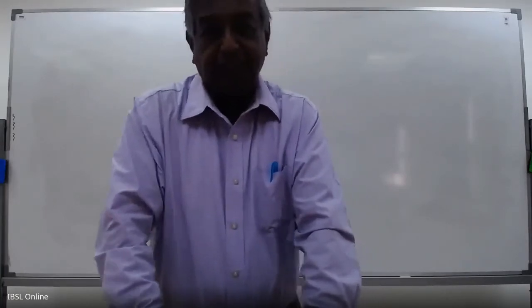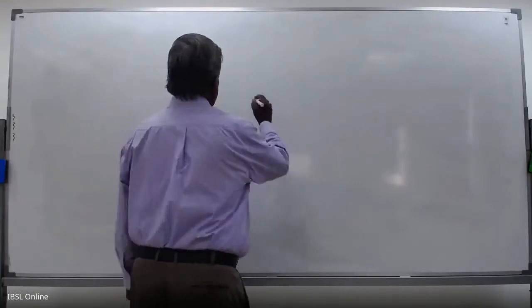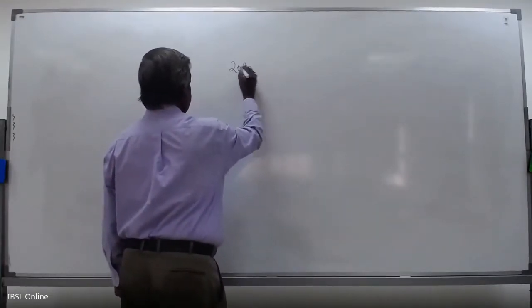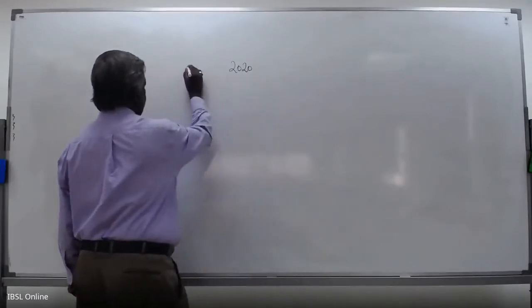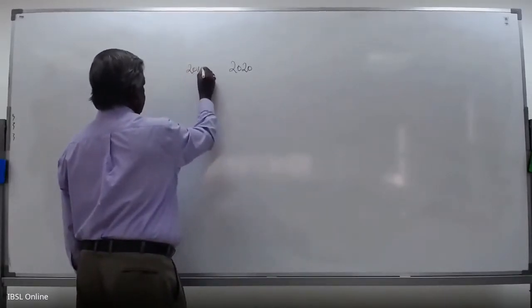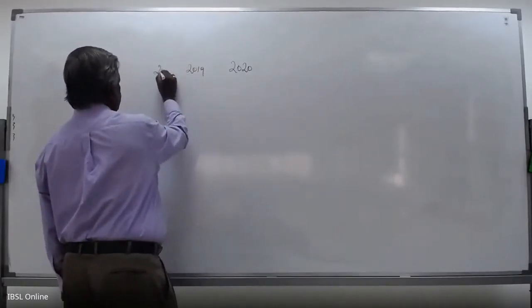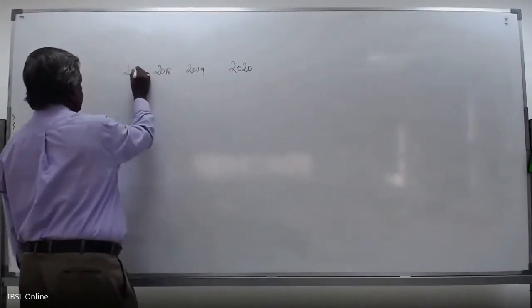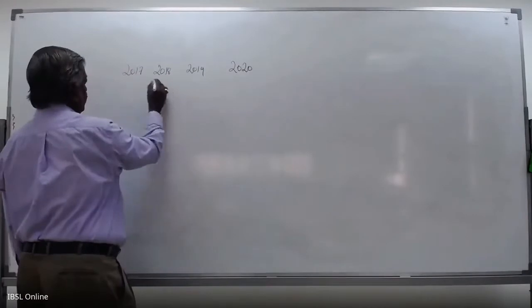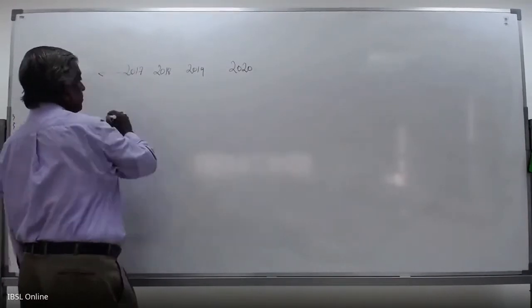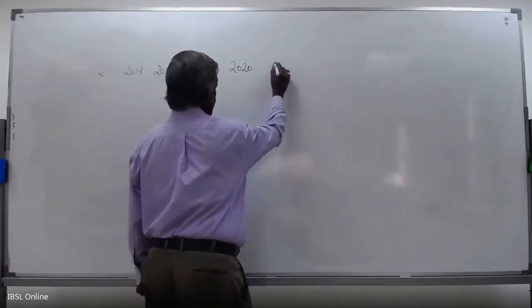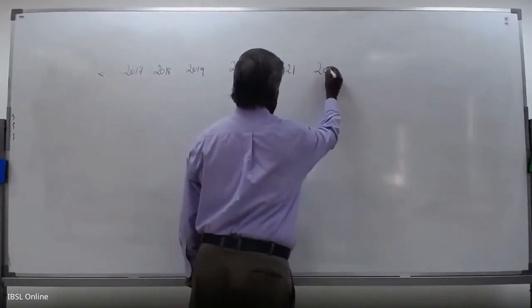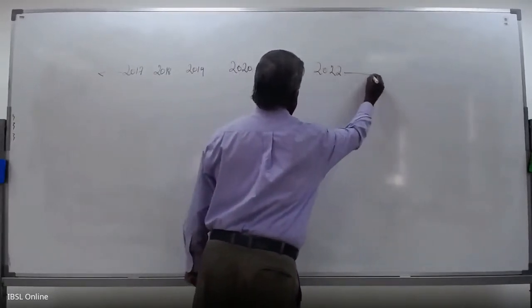Okay. So now it is 2020. Last year, 2019, 2018, 2017, it goes on like that. Next year is going to be 2021, 2022, it will go on like that.